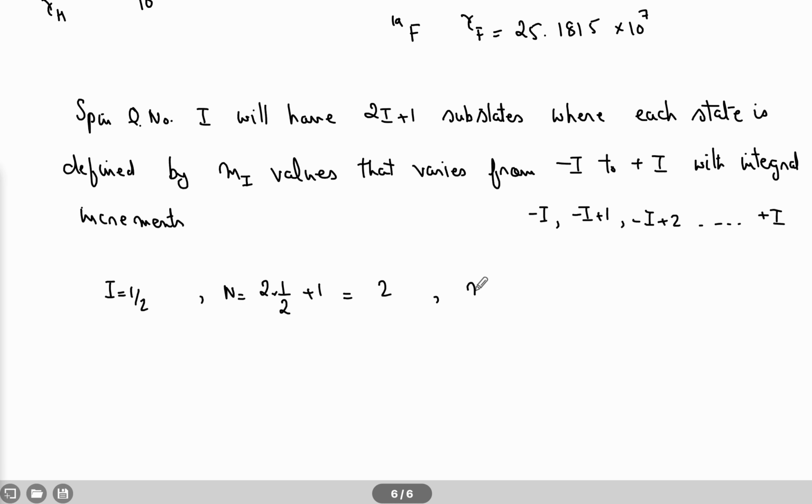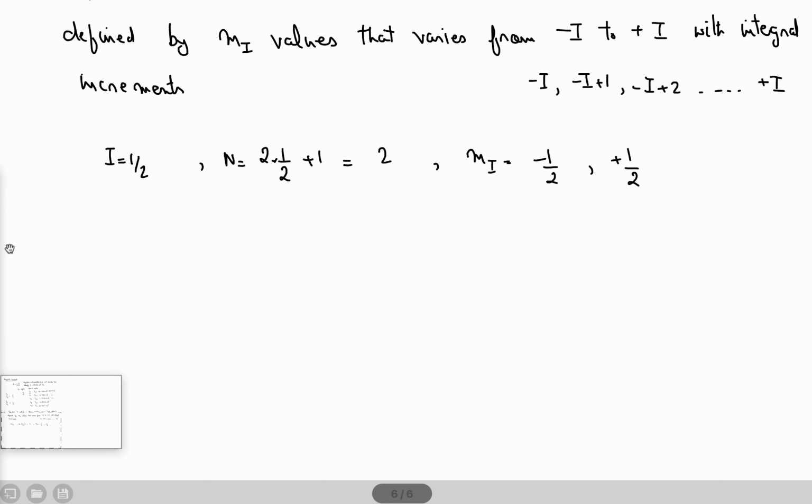These are mI equal to minus half and plus half, the two states characterized by mI values. Each of these two states will have identical energy in the absence of a magnetic field. So the two states are degenerate when there is no magnetic field.